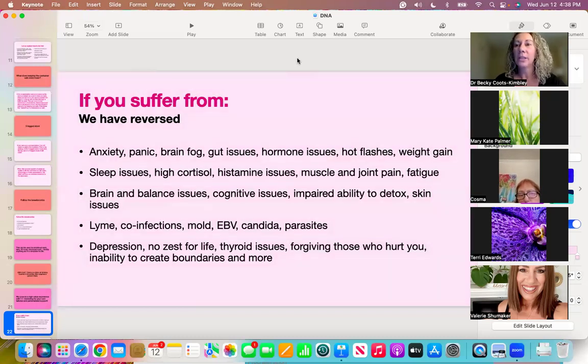If you're currently dealing with Lyme, co-infections, mold, Epstein-Barr, Candida, parasites, maybe you're depressed, maybe you have thyroid issues, maybe you just have no zest for life anymore. Maybe you have a hard time creating boundaries and forgiving people who hurt you. These are all the different types of clients that we work with. And we have been able to help all of these clients get through and teach them how to reverse and eliminate all of this.